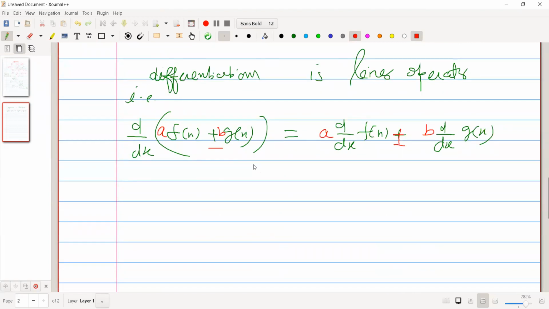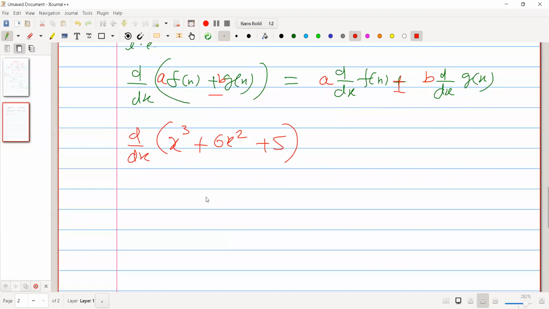Okay, let us take one example so we will get some basic understanding: x cube plus 6x square plus 5. Okay, so dy by dx. You can assume that this is a function f(x), this is a function g(x), whatever you choose.